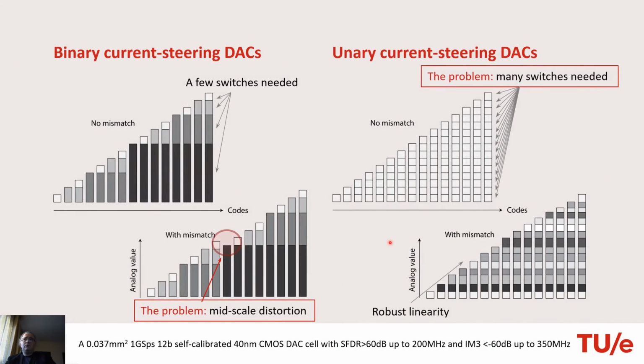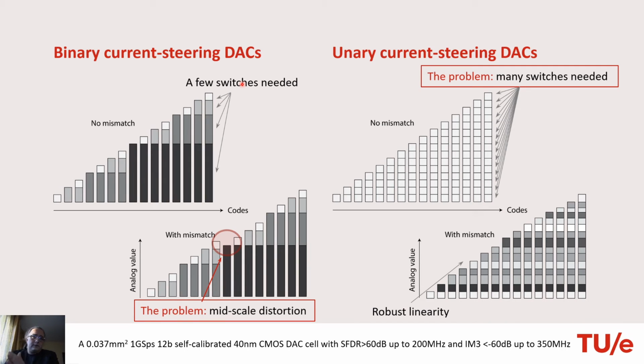Now, the two extremes for the choice of segmentation are either binary, very efficient, or unary, very good performance. Here I illustrate the binary architecture. We have the codes here, and we create the analog output value by a proper combination, depending on the codes, of 4 references, of 4 components.